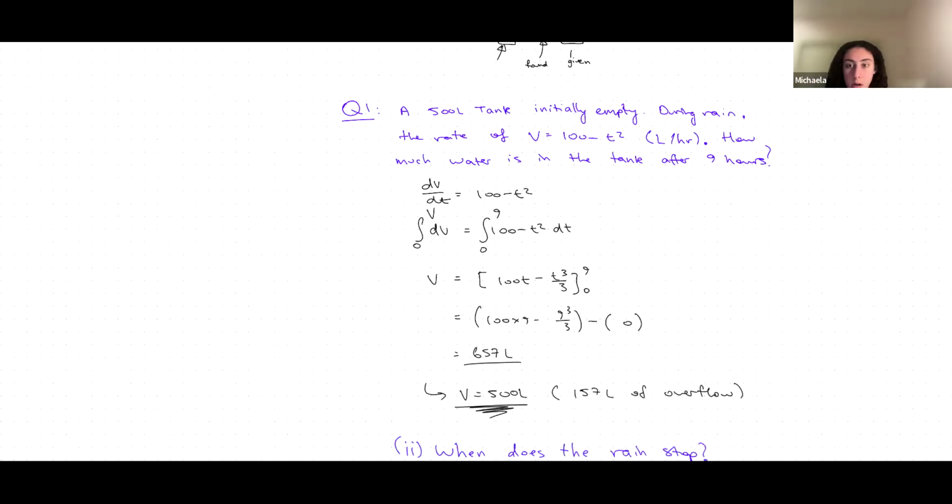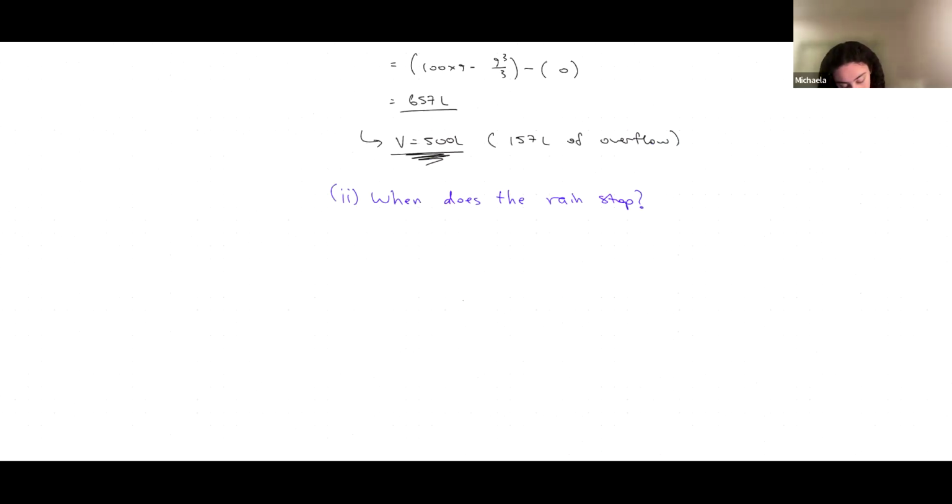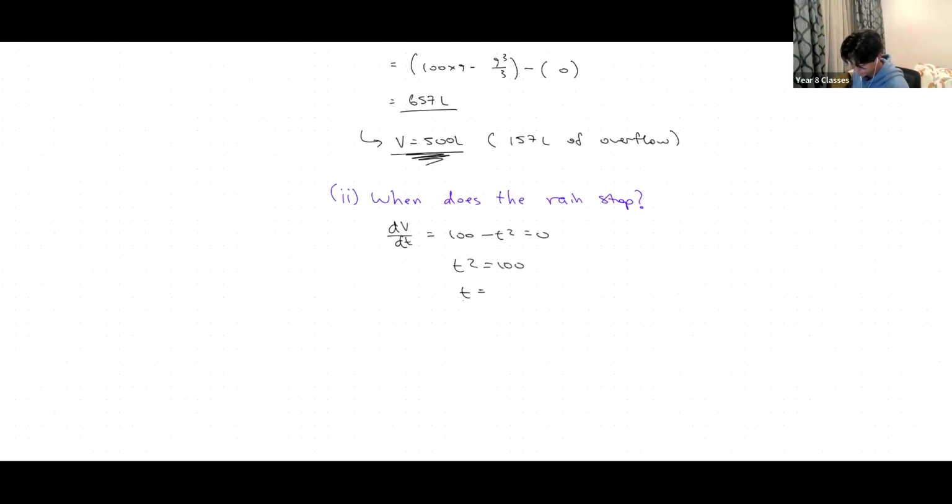When the rate of change is 0. So 100 minus t squared equals 0. T squared equals 100. T is plus or minus 10, but t is greater than 0. So it's just 10. Yeah, perfect.